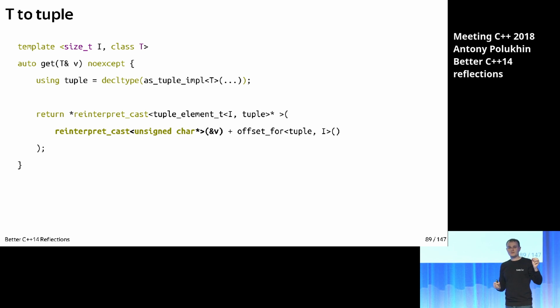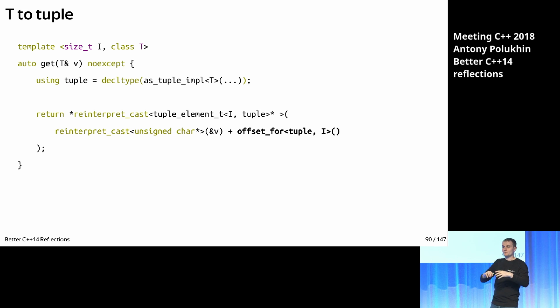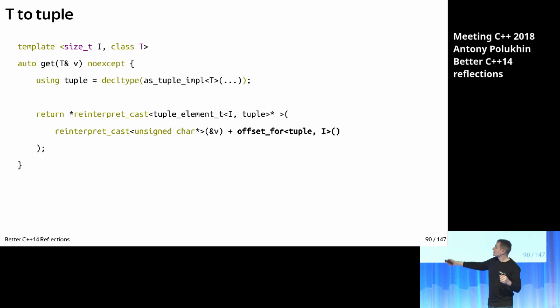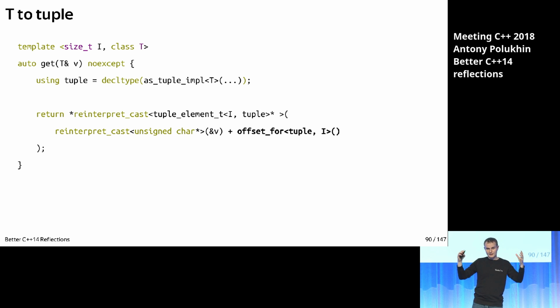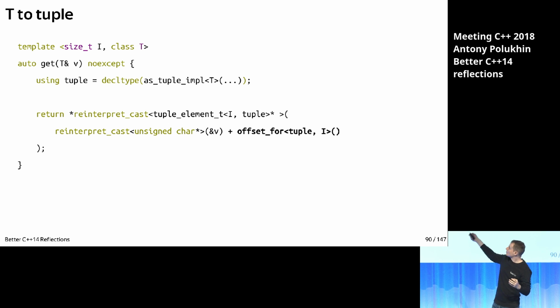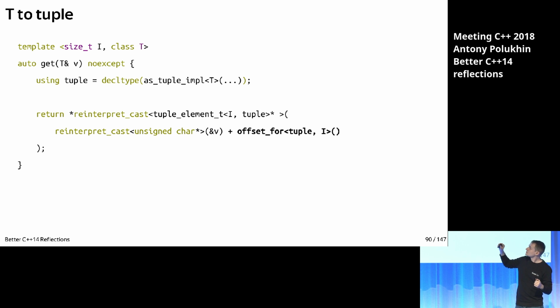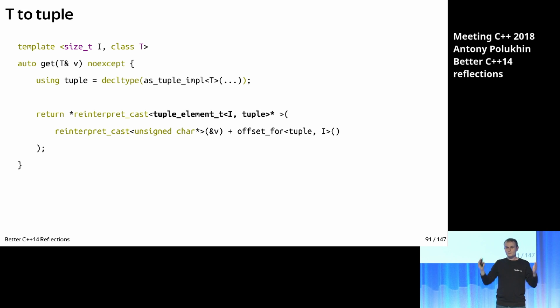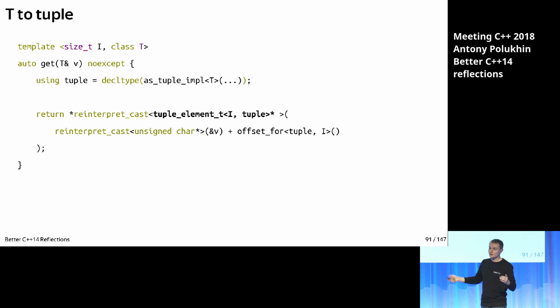If we need some other field, we can count the offset of that field. We've got a tuple with the same layout. We can count the offset. And we can get now a pointer to a field we're interested in. After that, we can reinterpret cast unsigned char star to a type of that field and return a reference. That's it. Works.